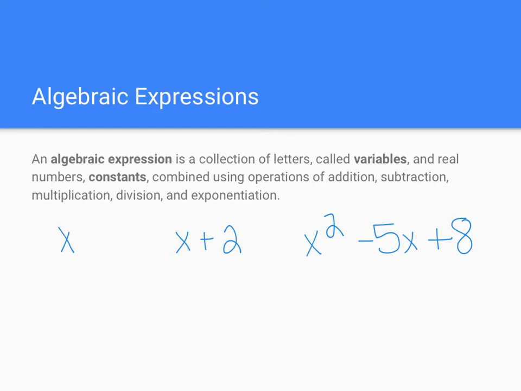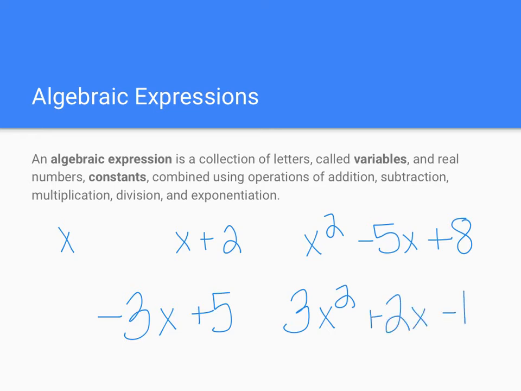We could also have negative 3x plus 5, or something like 3x squared plus 2x minus 1. All of these are algebraic expressions.